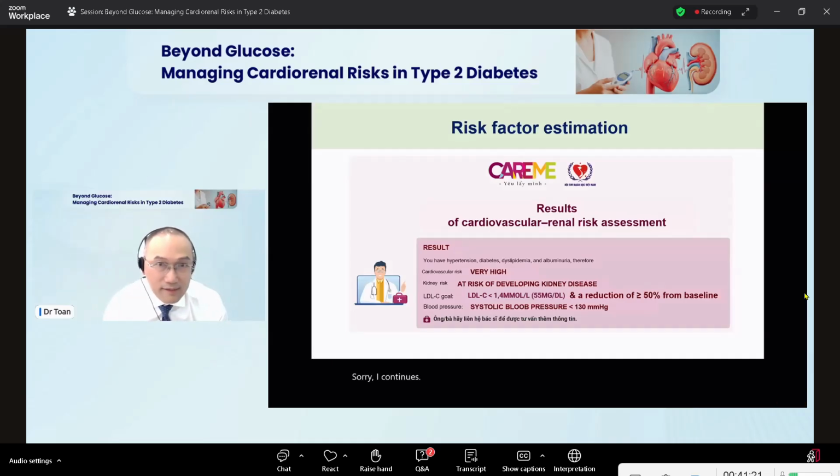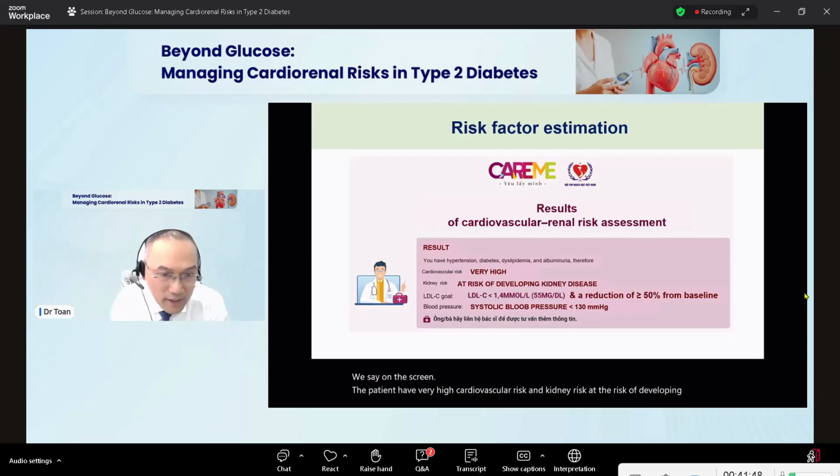After we use the tool for assessment of risk factors, we see on the screen the patient has very high cardiovascular risk and kidney risk, at risk of developing kidney disease.